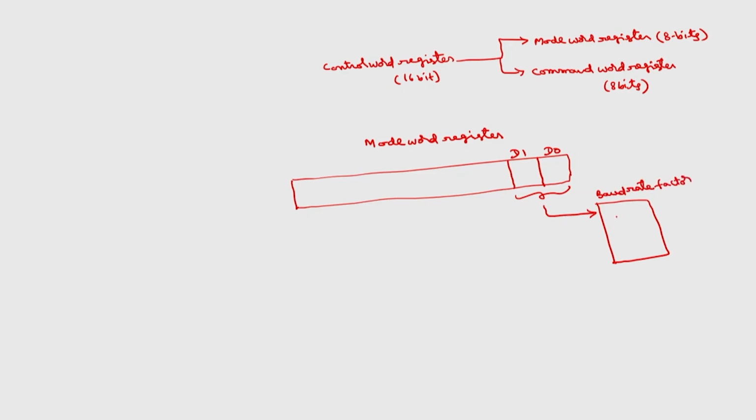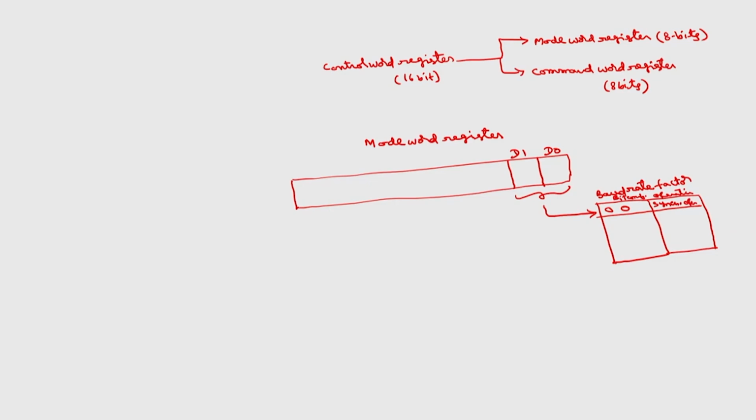If this is 0 0, this is the bit configuration, the operation and bit combinations. 0 0 means synchronous operation. As I have told, 8251 can operate in either synchronous mode or asynchronous mode.